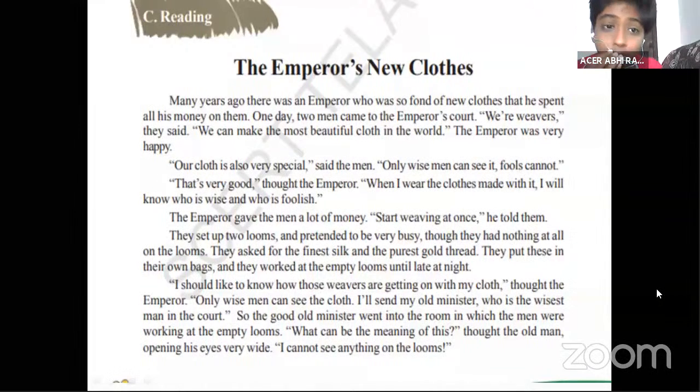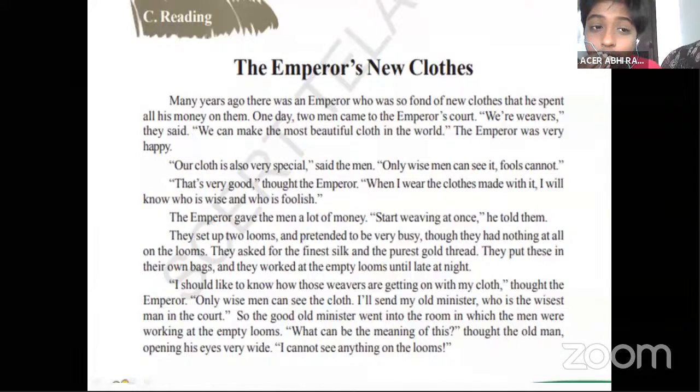The Emperor's New Clothes. Many years ago, there was an emperor who was so fond of new clothes that he spent all his money on them. One day, two men came to the emperor's court. We are weavers, they said. We can make the most beautiful cloth in the world.